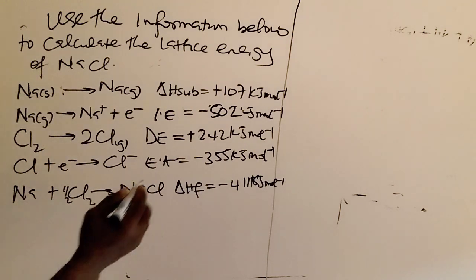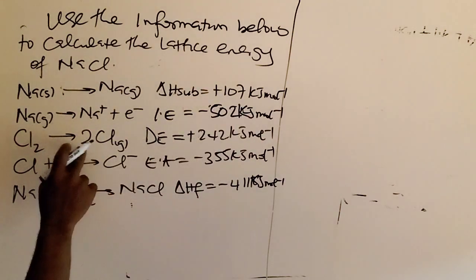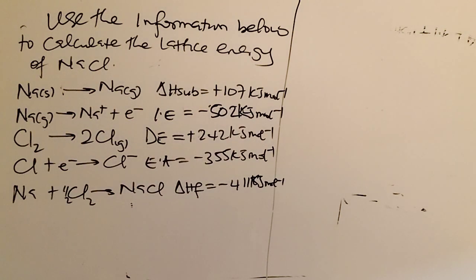The next shows dissociation of the chlorine molecule to two chlorine gaseous atoms, with the dissociation energy as positive 242 kilojoules per mole. Then chlorine atom gains an electron to give chloride ion, with electron affinity of minus 355 kilojoules per mole.